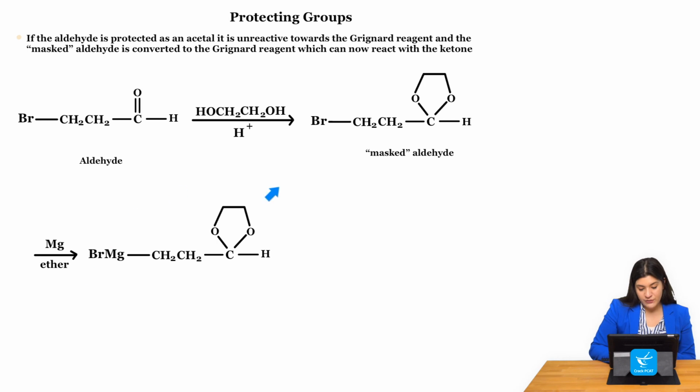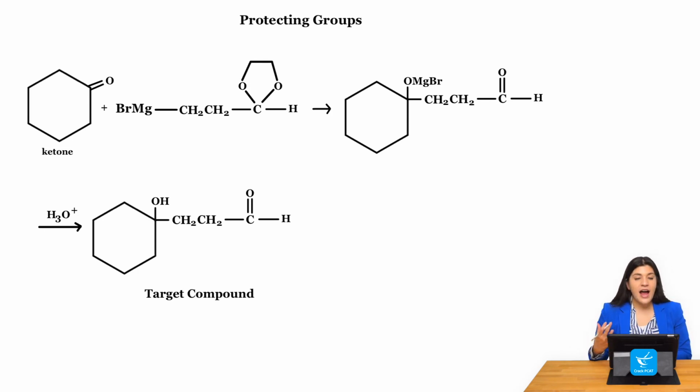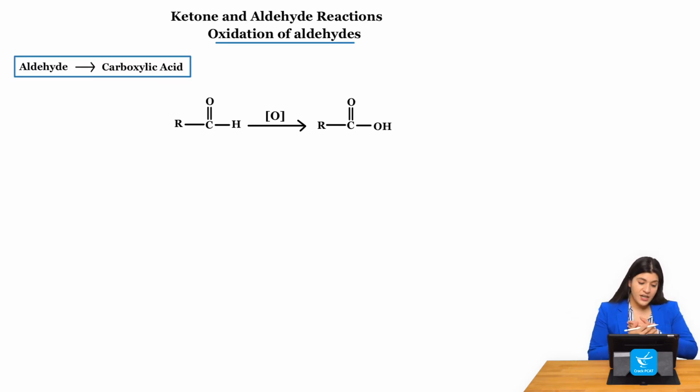Now this is what it should have looked like instead of having that carbonyl carbon in this case. So this reaction would work. Now that we have that protecting group attached, these two would react, and we would get that target compound that we wanted initially.